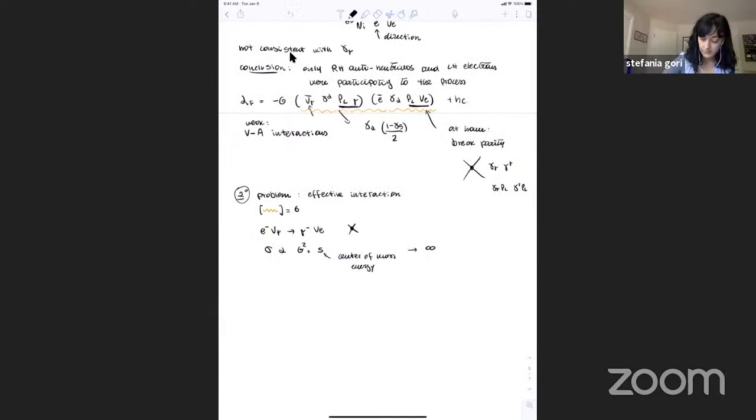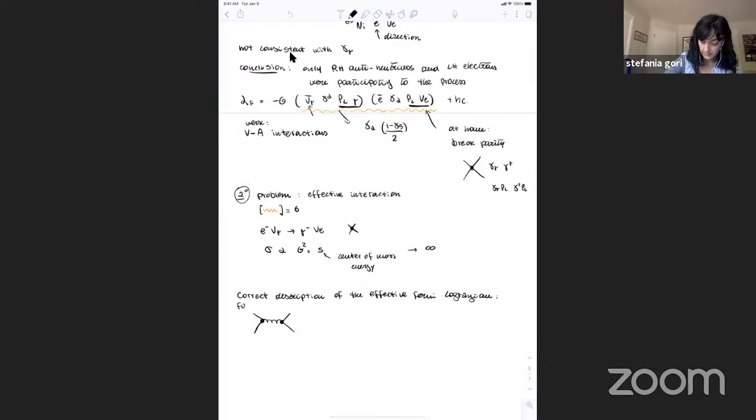So the correct description of the effective Fermi Lagrangian is indeed using the Lagrangian that we saw earlier today for the weak interactions, where you have this SU(2) local symmetry, and then you can write down, using the Lagrangian and the Feynman rules that you extract from there, a Feynman diagram like this, for example, for muon decay.